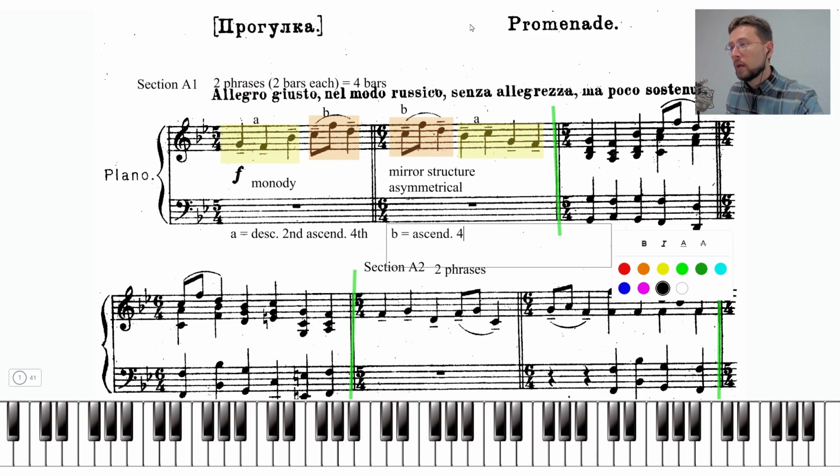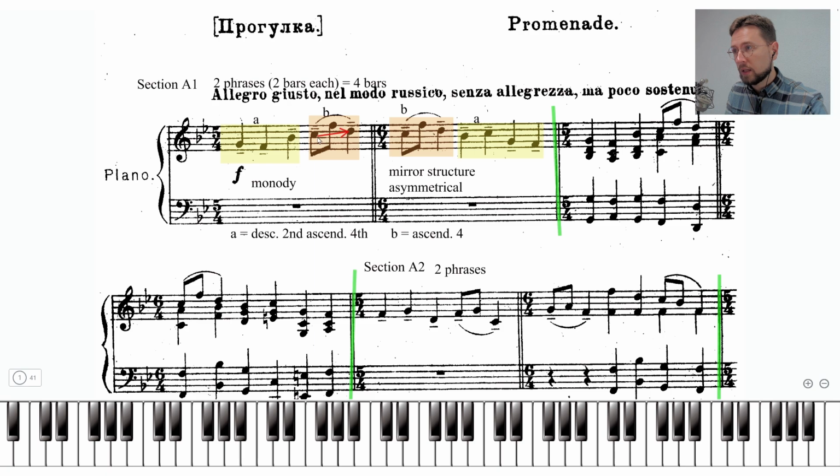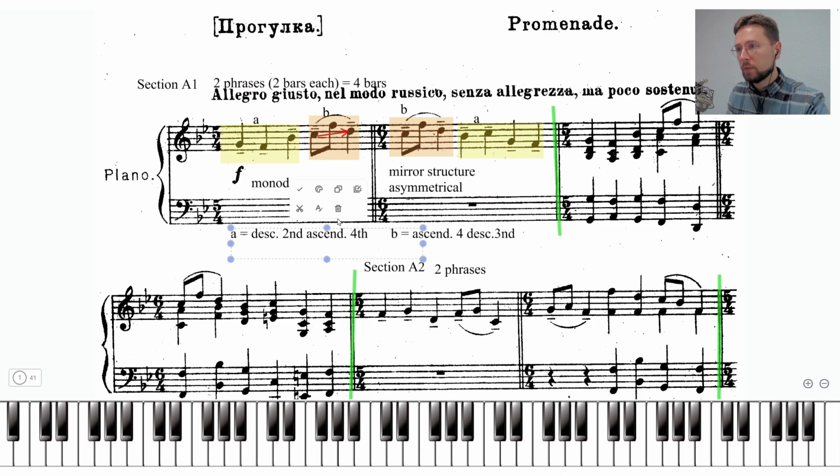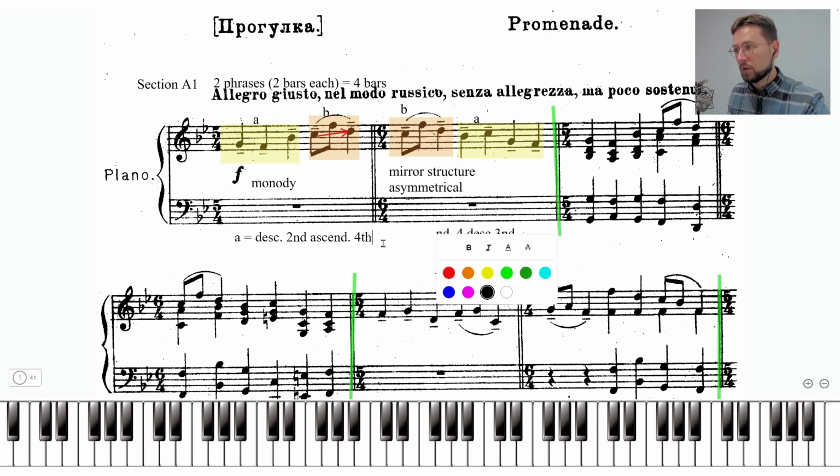But the third is one way to look into it. Another way to look into it is as a second that's from there. So clearly the motion is ascending and then descending. You have this descending third. And the second time we have A prime, it's an inversion. So A prime, for instance, is an ascending second and a descending fourth.